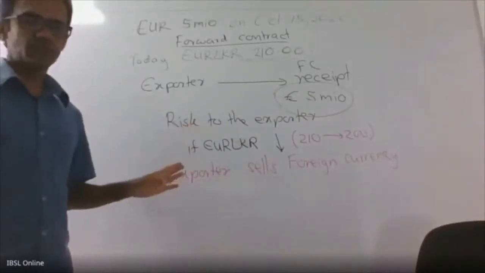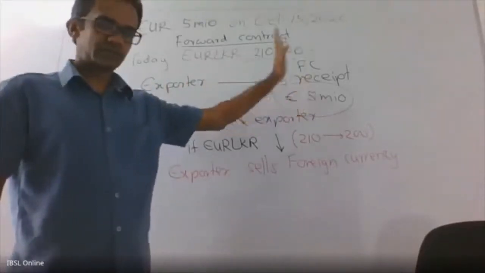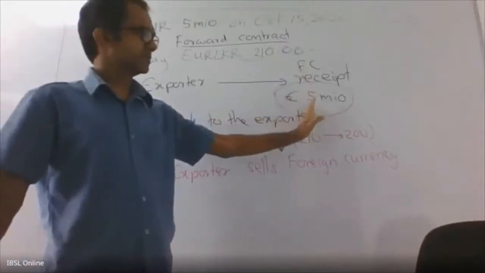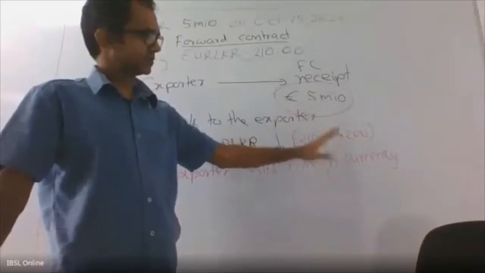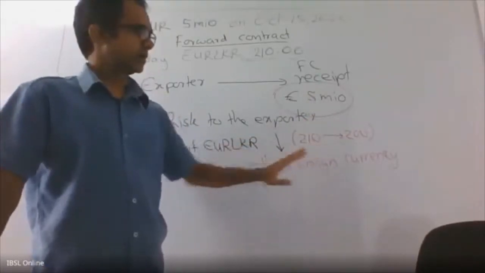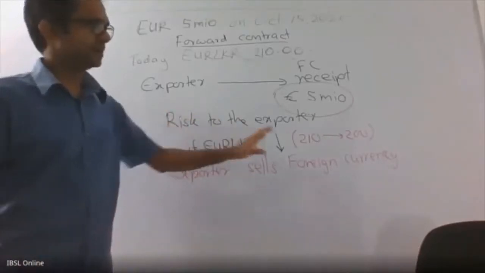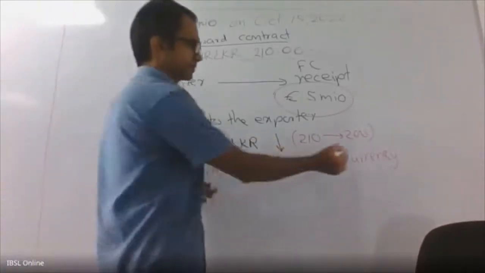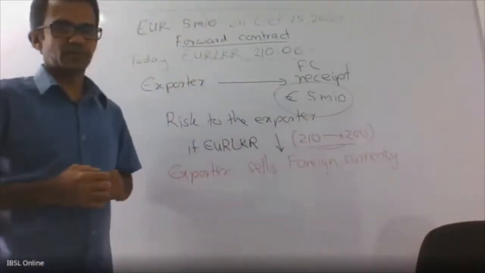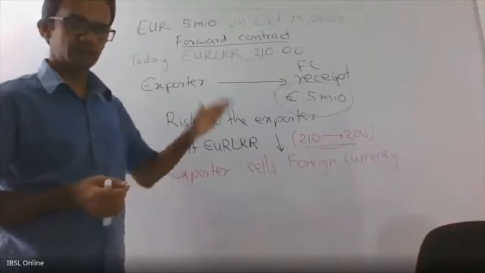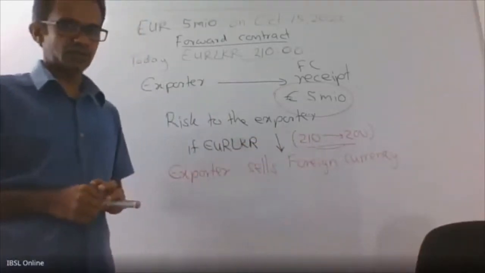He has two options. Either wait until October 15th, until he receives his cash flow in euros, and sell it to a bank and receive rupees. If he waits until then, this is the risk. This event can happen. The Euro rupee exchange rate may go down and he may incur a loss.